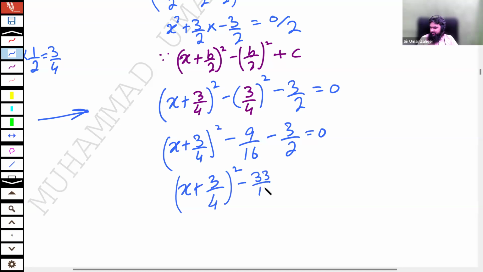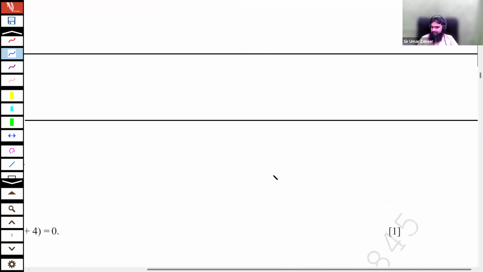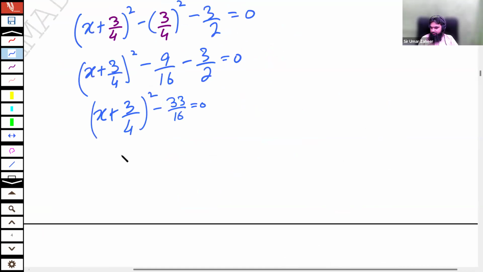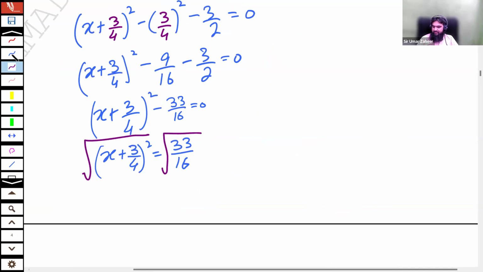Take this value to the other side and it will become positive. I want to remove the square, so I'm going to take the square root on both sides. So x plus 3 over 4 is equal to positive and negative square root 33. The square root of 16 is 4 because 16 is the square of 4.